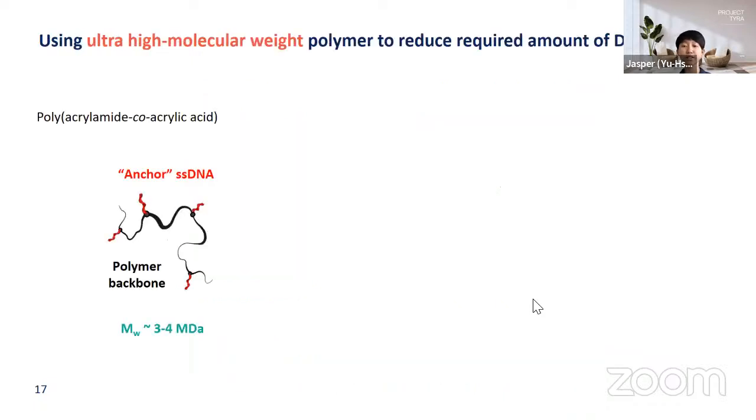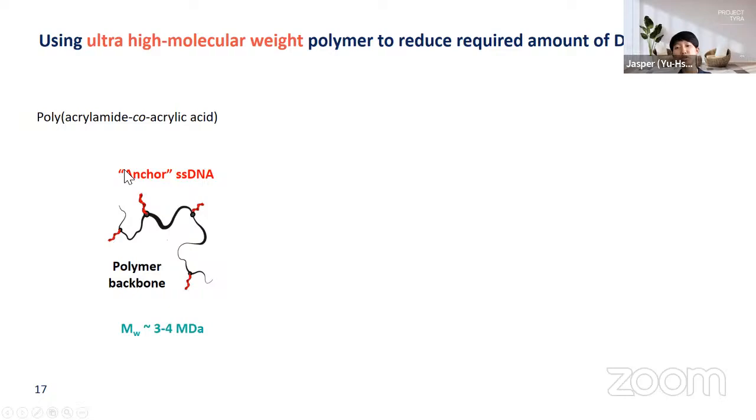So to address this, we set the goal: can we somehow use as little DNA as possible, but still have full control of the material properties? Our strategy has a trick, using an ultra-long polymer chain as the material backbone. This synthetic material is basically built from polyacrylamide and acrylic acid.